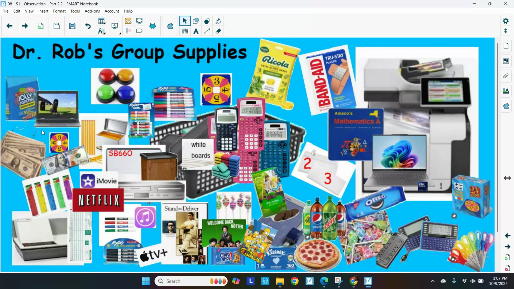I also bought computers for the kids because sometimes a kid would forget his computer, so I bought some old computers, Chromebooks, and I had it set up in one particular spot, and that student or those students who needed to use it every period would have a computer to use.